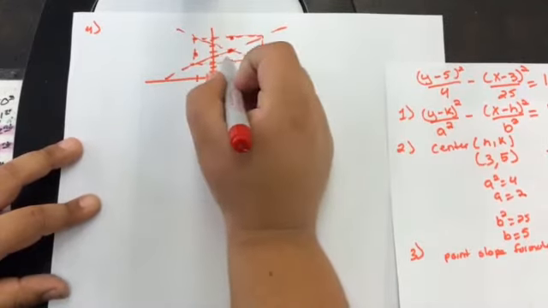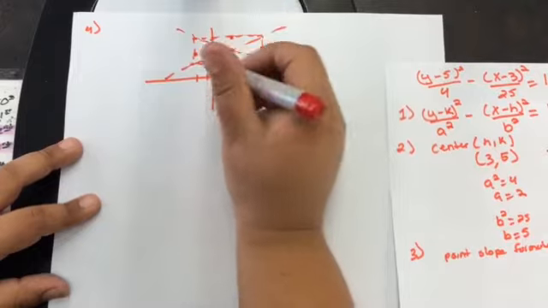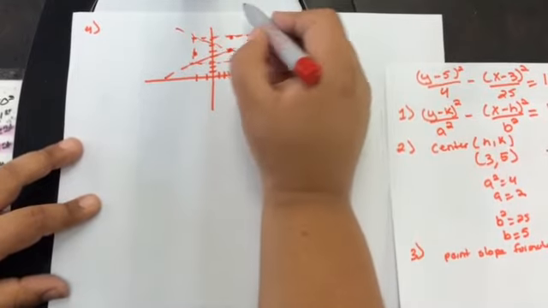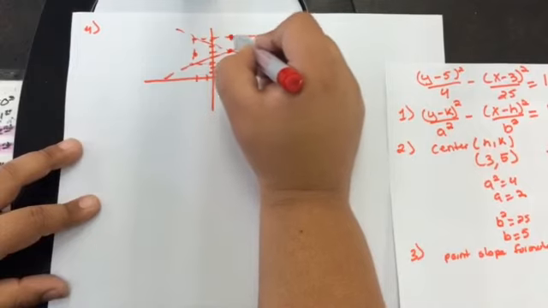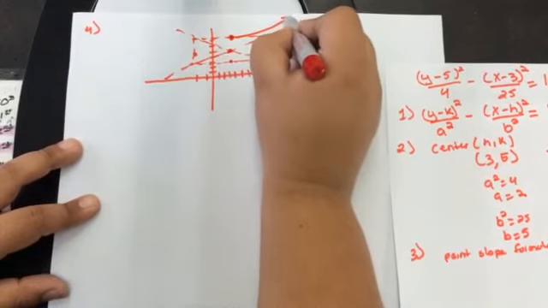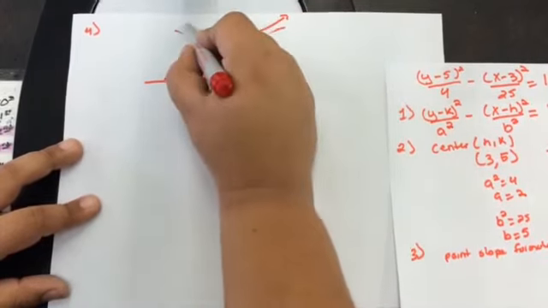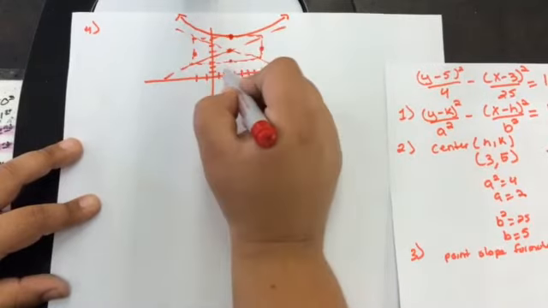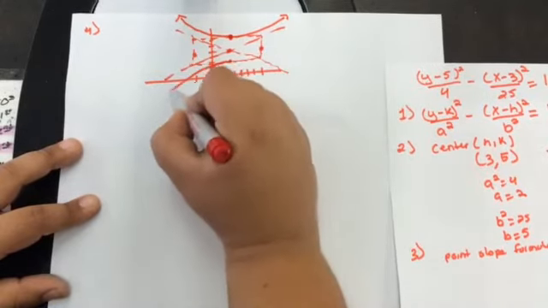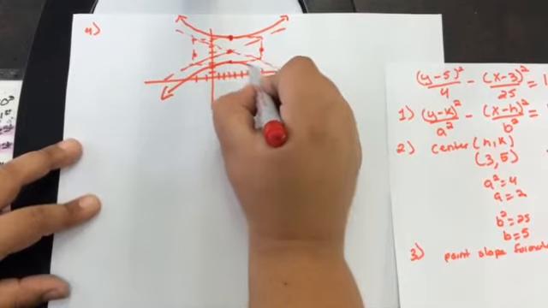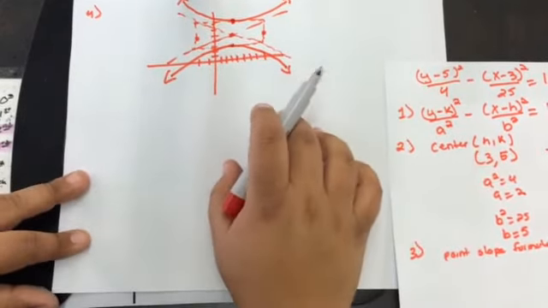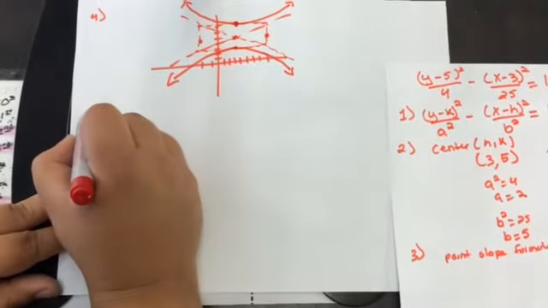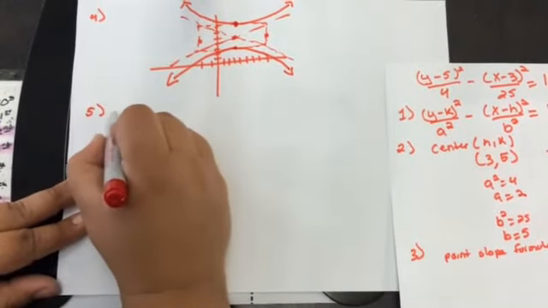And remember that we said that this hyperbola opens vertically. So since this is your vertex, it opens up and it opens down. And the asymptotes help you to graph it. So the last part is finding the foci.